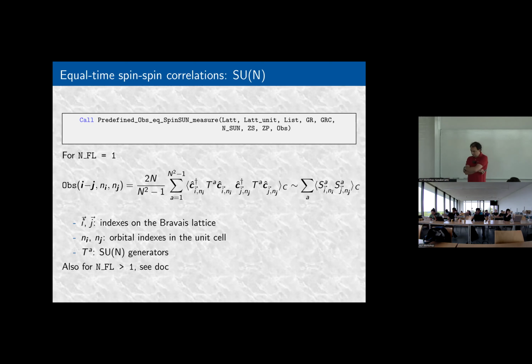In the SU(N) case, depending on the fermionic picture which gives rise to that, you have different representations. In the SU(2) case it's all the same because you always have half filling in the Mott insulator case, so you get just one representation in the Heisenberg model. But in the SU(N) case you can have n fermions per site, n flavors per site.